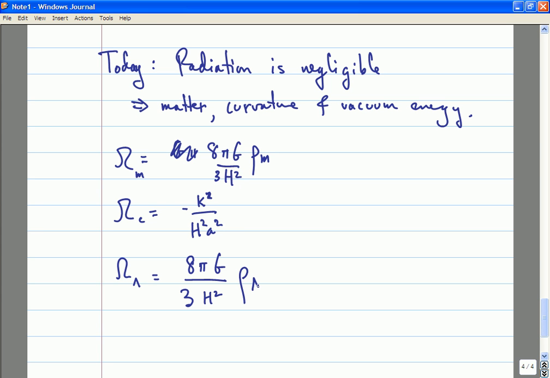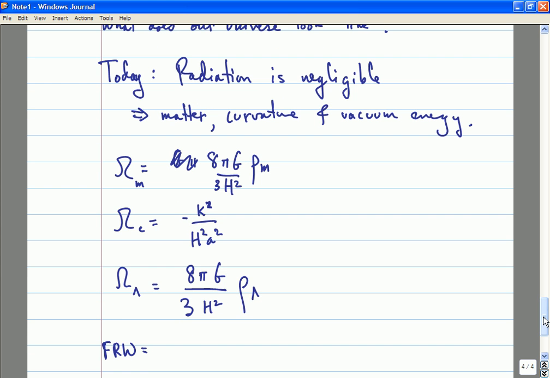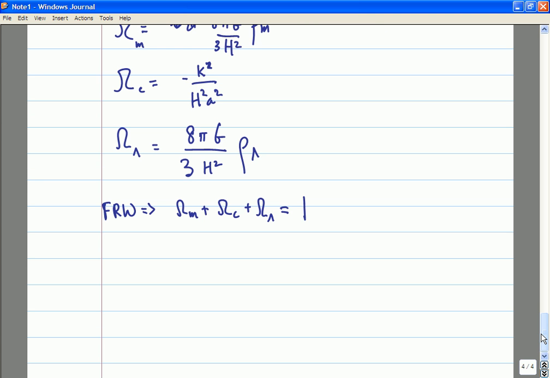So that the Friedmann equation, which says that h squared is 8 pi G over 3 times rho matter plus rho curvature plus rho lambda, says that omega matter plus omega curvature plus omega lambda is equal to 1. And I just remind you that this guy here will redshift like a to the minus 3. This guy here will redshift like a to the minus 2. And this guy here will not redshift at all.